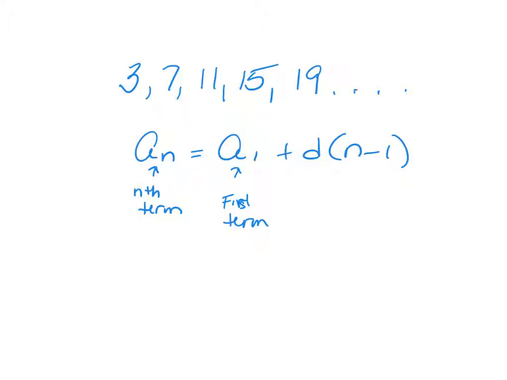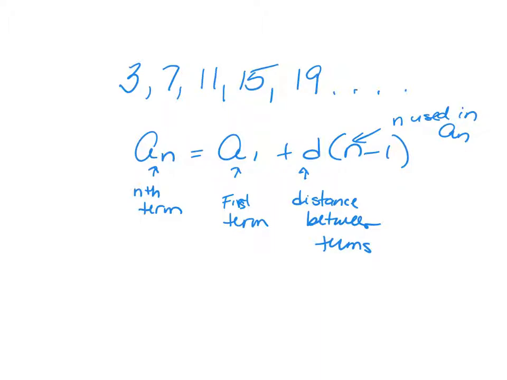Distance? Yes, the distance between terms, or what we're adding each time to get the next term. So in this case, d would be 4, because we're adding 4 each time. So it's the distance between terms. And then n is the n used in An. Those are the 2 places you're going to put n.